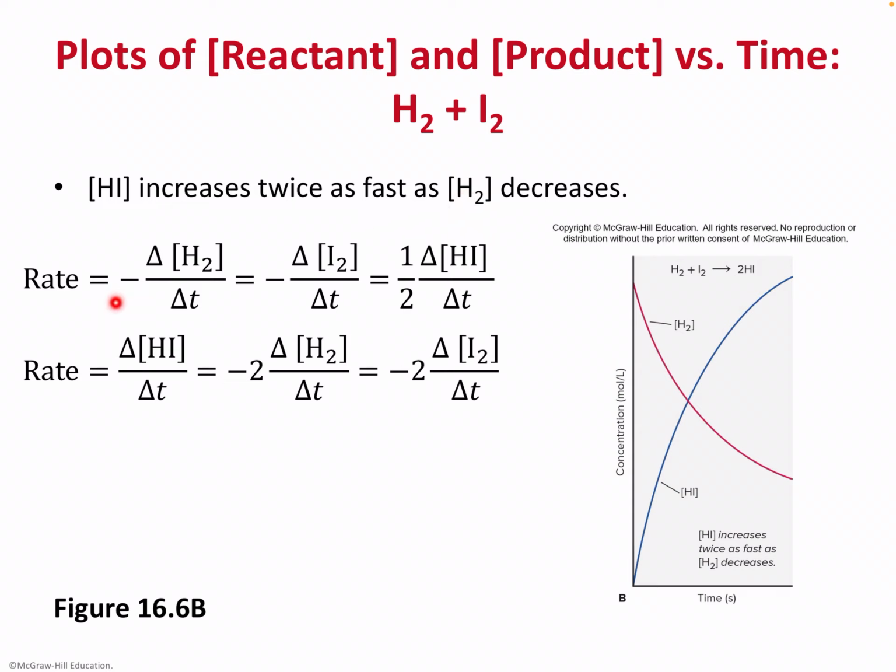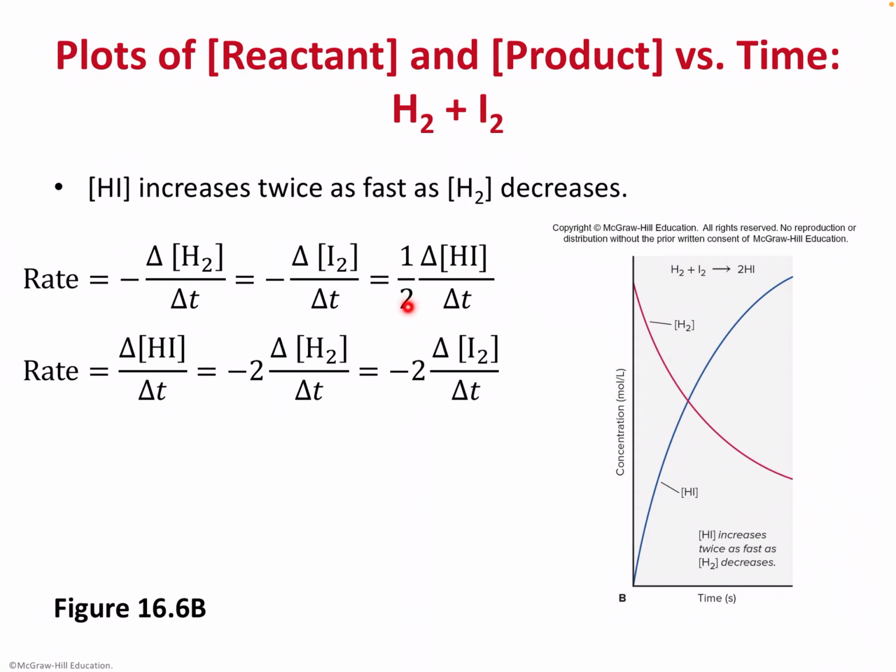So negative delta H2 over delta T equals, in terms of iodine, again negative since it's a reactant, delta iodine over delta T. And for the hydrogen iodide, since the molar ratio is 1 to 2, the coefficient goes to your denominator. This is going to be positive in terms of rate since we are making more hydrogen iodide: 1 over 2 delta hydrogen iodide concentration over delta T.